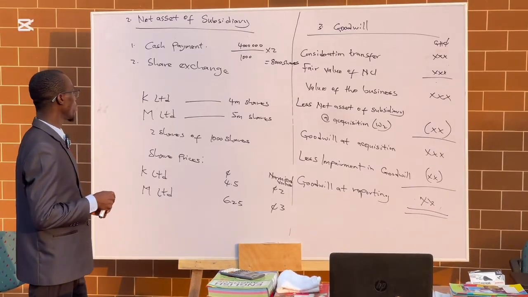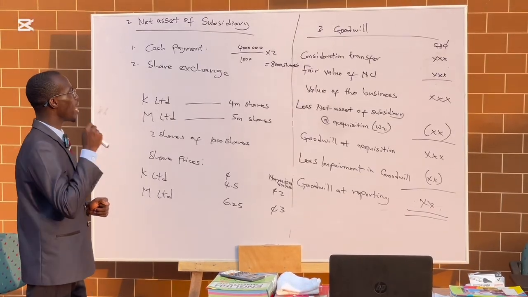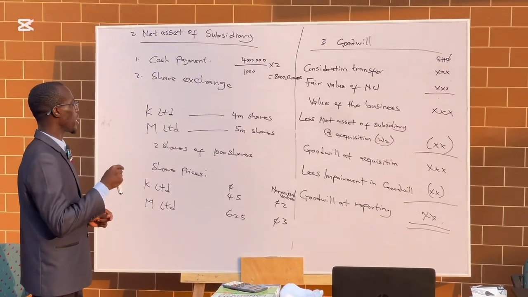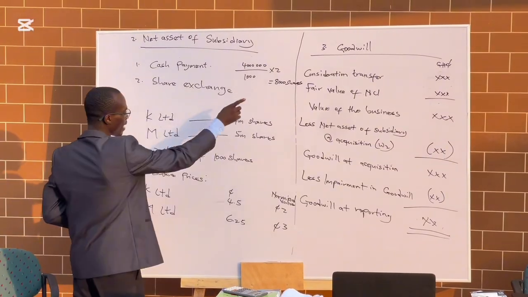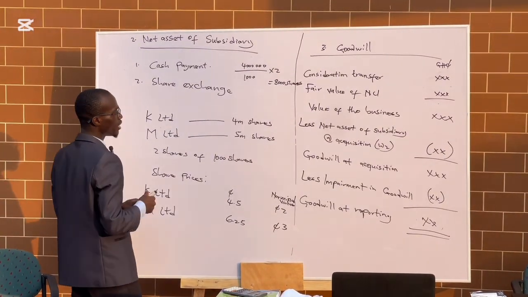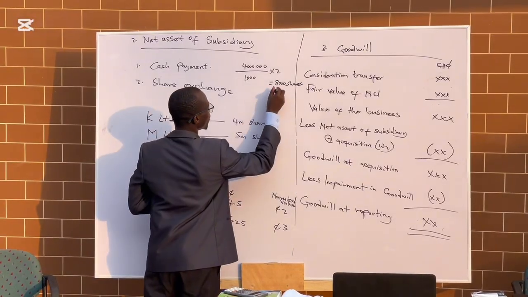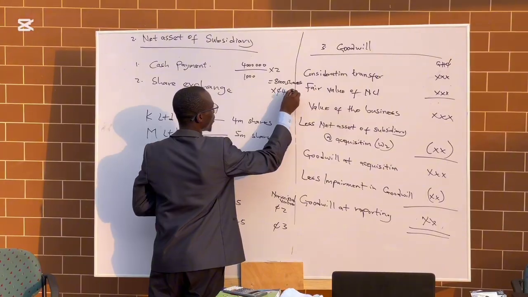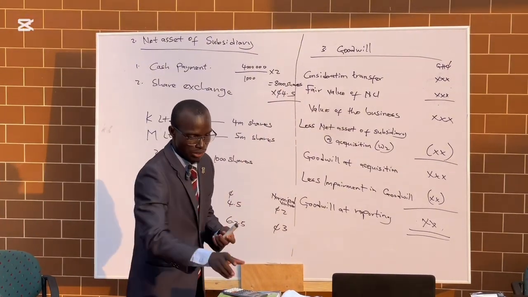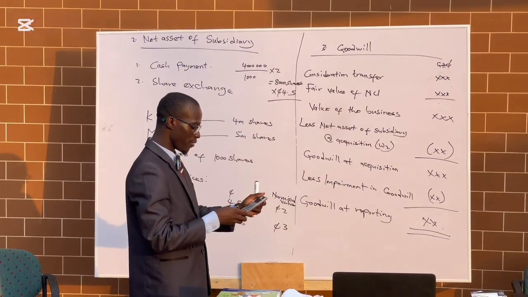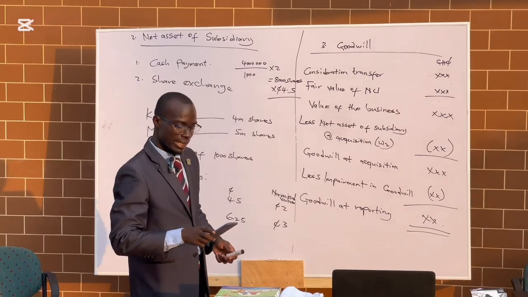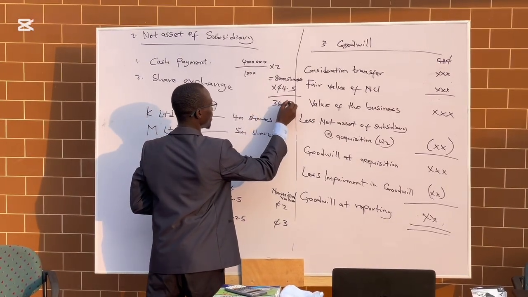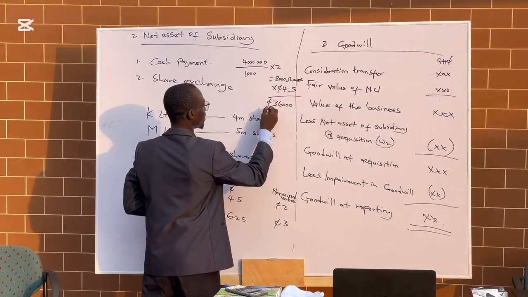If we want to know the total amount that the parent has issued, you need to multiply the shares by the parent price, which is 4.5. When you multiply it by 4.5, it gives you 36,000 Ghana cedis.